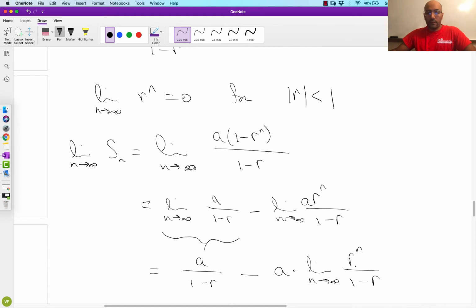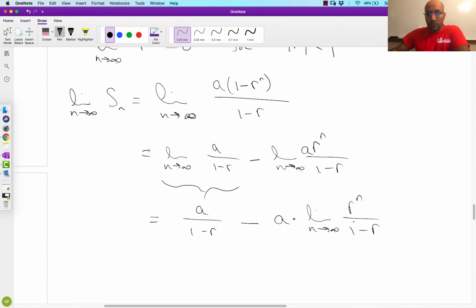And again, there's no n's there, right? So it doesn't get affected. So this is just going to be equal to a over 1 minus r minus a over 1 minus r times the limit as n goes to infinity of r to the nth power.